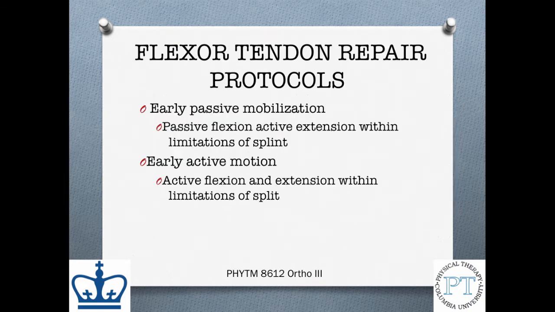So like I mentioned, there are several flexor tendon repair protocols. Some look at early passive mobilization, where we passively flex the fingers and then the patient can actively extend within a splint. And there are also other protocols where we have early active motion, where the individual can actively flex and extend within limitations of a splint.